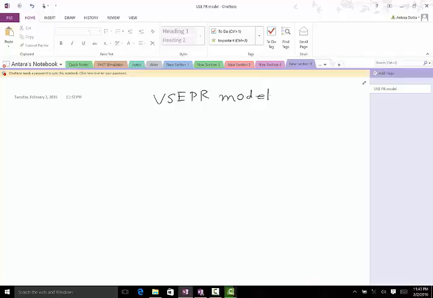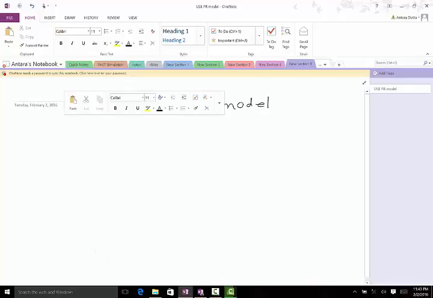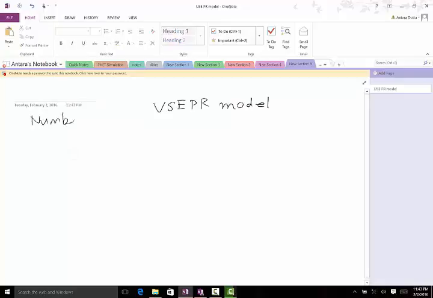We have to draw the Lewis dot structure first for any molecule to predict its shape and polarity. So first thing that comes in this theory is the number of electron groups coming from the Lewis dot structure.